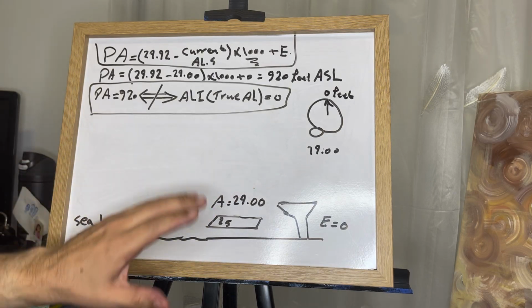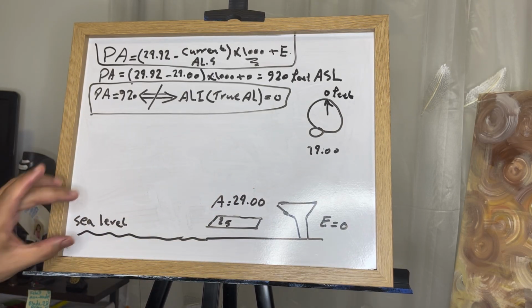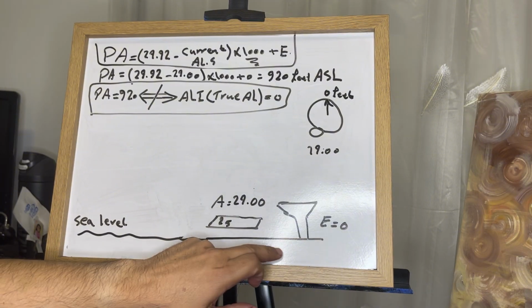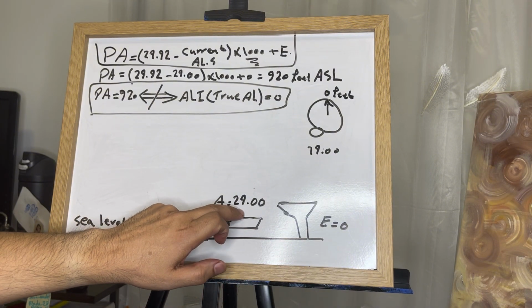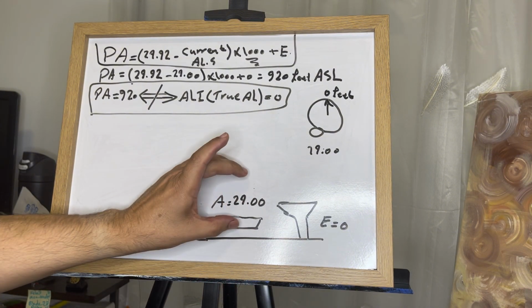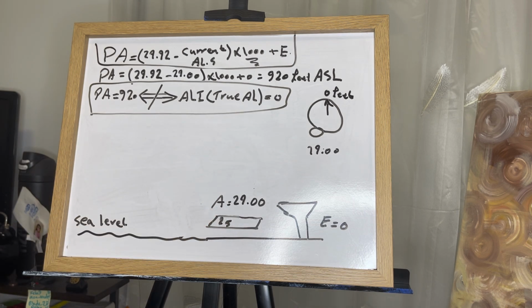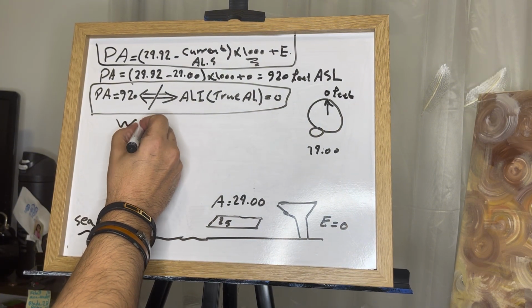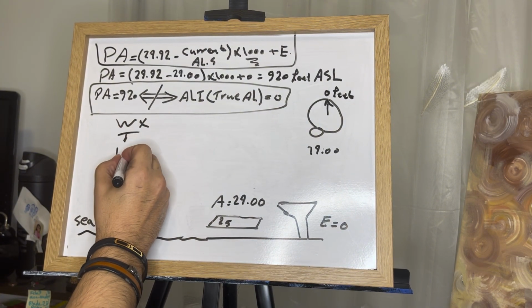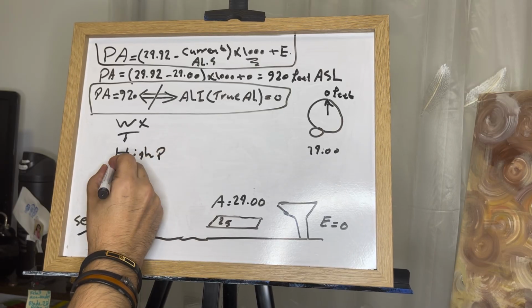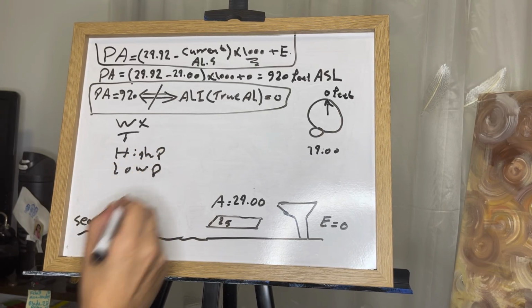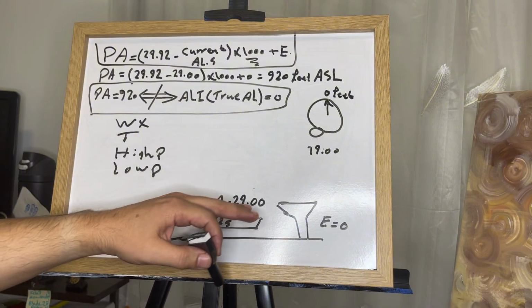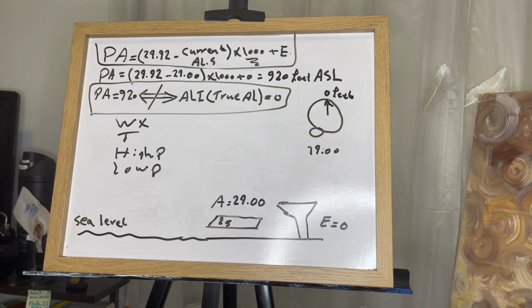It doesn't necessarily mean that, even when we are at a sea level station, the altimeter should read 29.92, because local pressure depends on a couple of factors like weather conditions, temperature, and high pressure or low pressure. So each station has a specific local pressure.